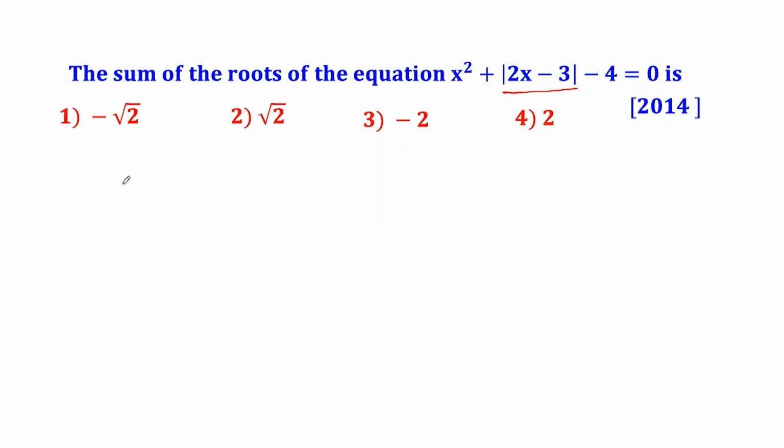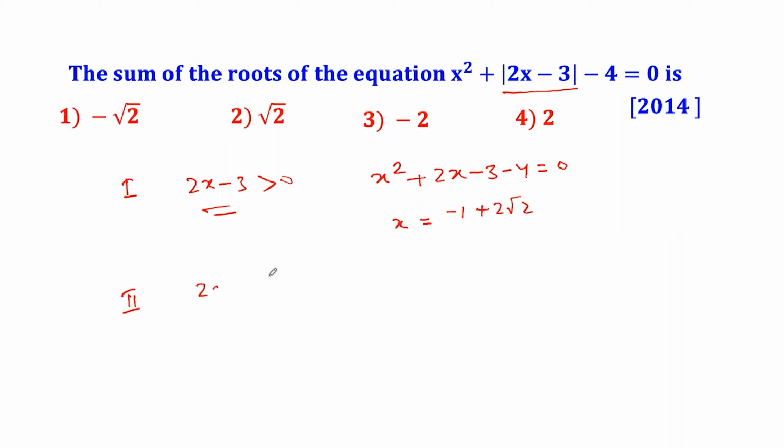So case first, I'm saying if 2x minus 3 is greater than 0, then this will open as positive, and the restriction is x greater than 3 by 2. x square plus 2x minus 3 minus 4 is equal to 0, right? So x is equal to minus b plus minus, the basic formula I'm applying, 2 root 2, right? Minus will not satisfy because we have to take x as greater than 3 by 2.